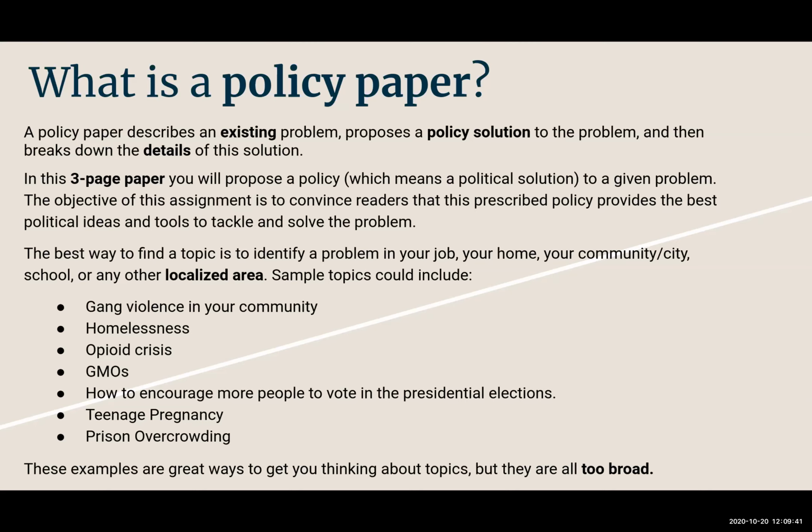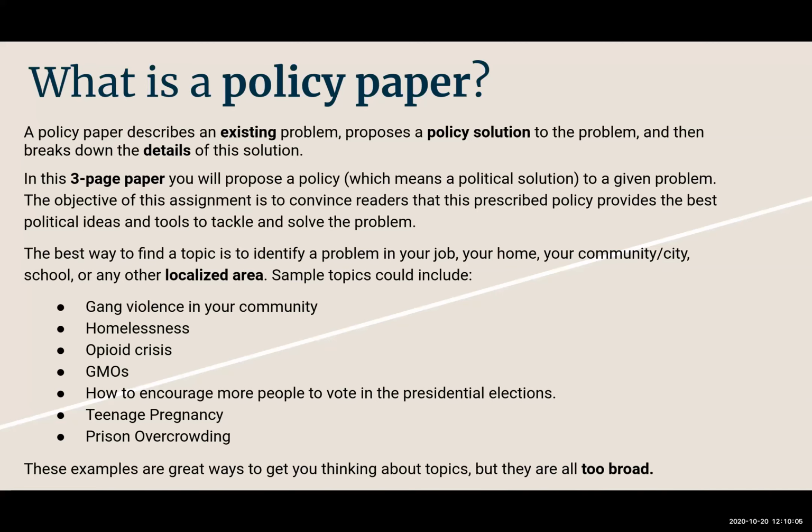So as a result, there are lots of different ways you can address that problem. So your goal is not to describe every single possible solution. You're going to pick one, and then you're going to explain why we should prioritize this solution above other solutions. Hopefully that helps clarify what the objective of this paper is.